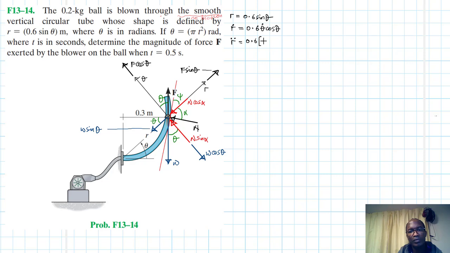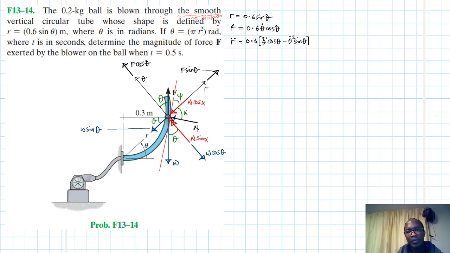We hold one function constant and differentiate the other, and the cos will turn into a negative once we work it out. So it will be 0.6 theta double dot cos theta minus theta dot squared sin theta, like so.